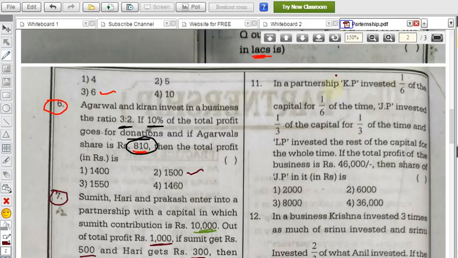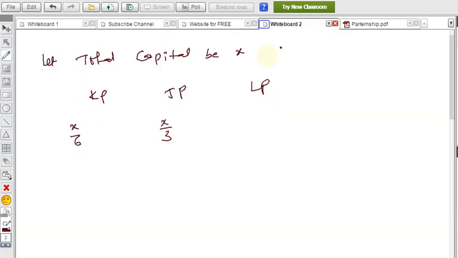Fine, the question is clear, right? One is 1 by 6 of the capital, one is 1 by 3 of the capital, and LP is the rest of the capital. Rest of the capital means remaining. So if you take the total as 1, total capital is X. From X, you have to subtract both: X by 6 minus X by 3.